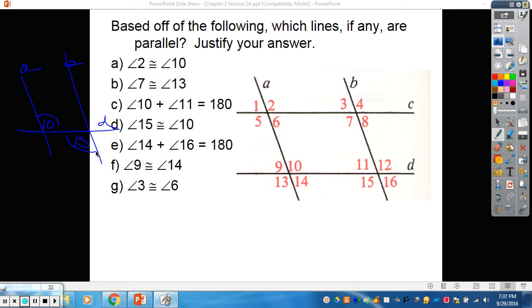And so therefore A and B will be parallel by number 2, which says if alternate interior angles are congruent, then lines are parallel. So hopefully you had that. A is parallel to B, number 2.